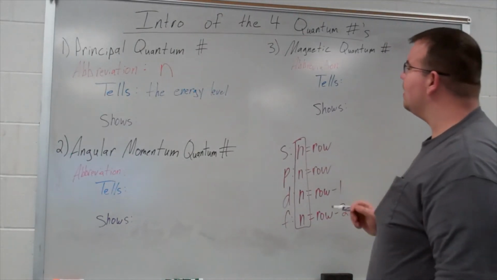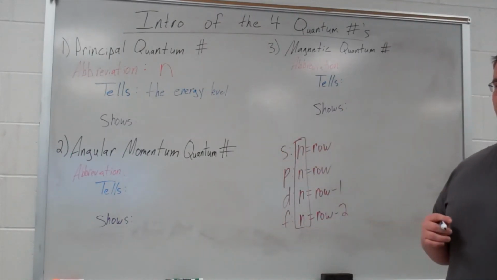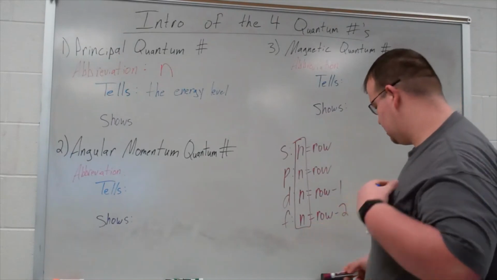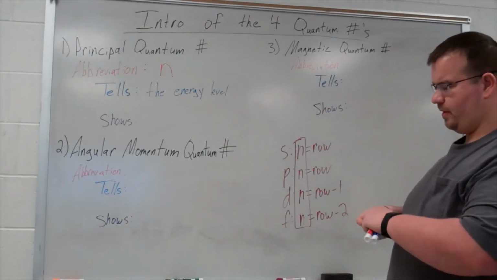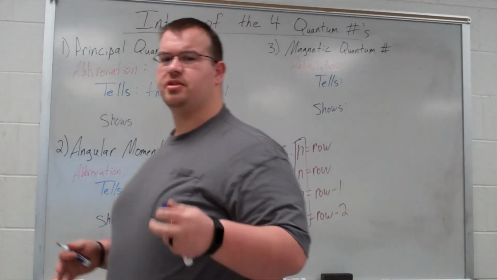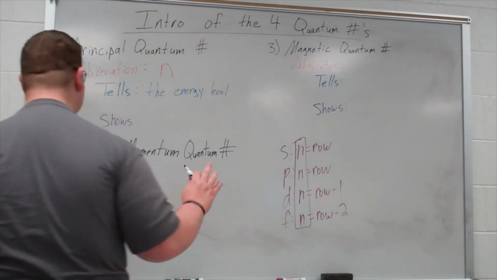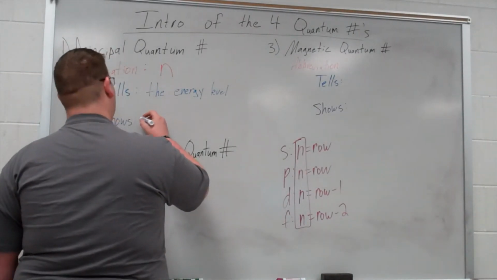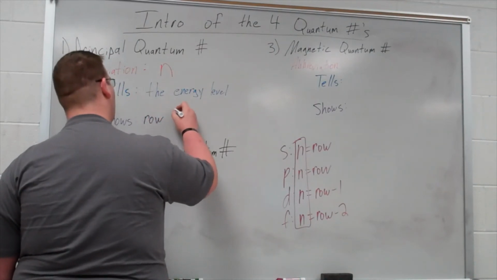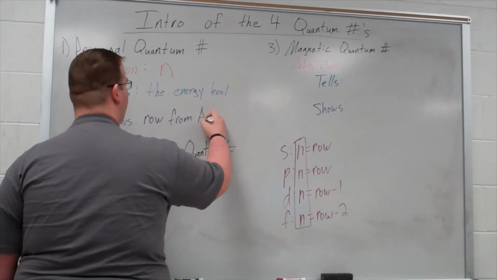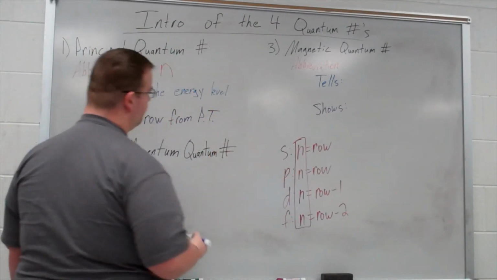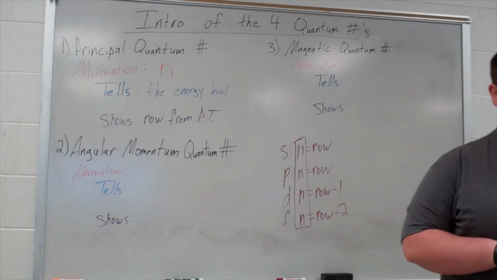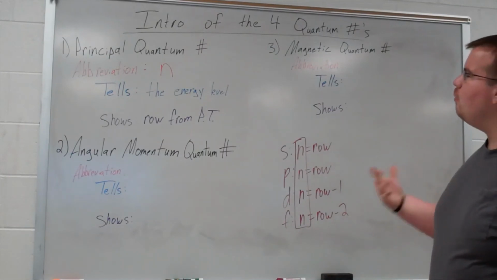So it will tell us the energy level, but another thing it can do is show us the row for the element from the periodic table. I'm just going to put PT for periodic table because I don't have a whole lot of room. That'll make sense later on when we actually start using these, and I'll show you how we're going to use this information. How can we do this?